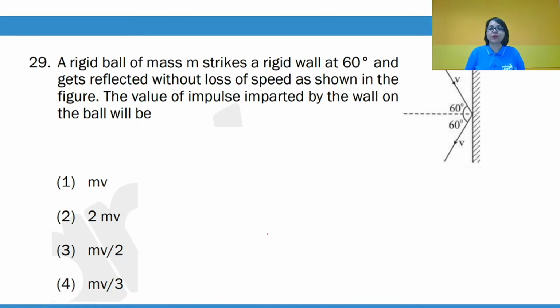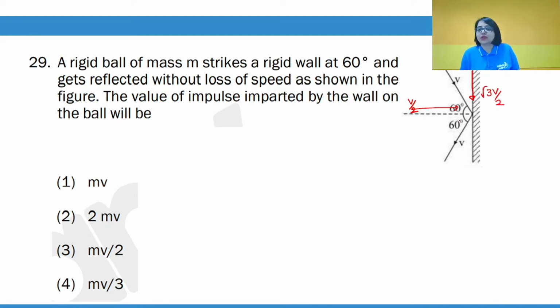Next is question number 29. A rigid ball of mass m strikes a rigid wall at an angle of 60 degrees and gets reflected without loss of energy or speed. The value of impulse imparted by the ball on the wall will be. So if you make the components of velocity, this will be v cos 60 degrees, v by 2, and this will be v sin 60 degrees, so it is root 3 v by 2.